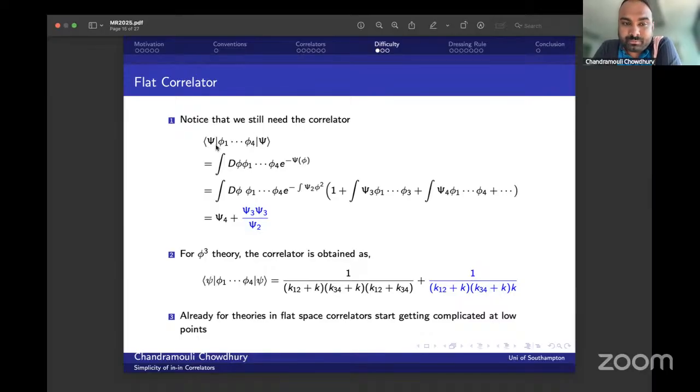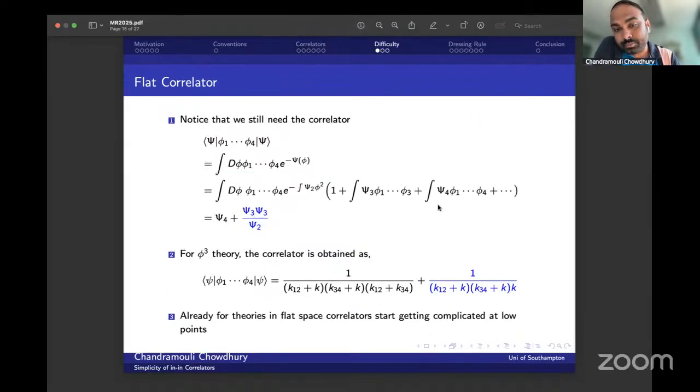So once you have the wave function, you can expand this guy perturbatively. So we had the expression for this wave function a few slides ago. And in this step, I'm just doing a perturbative expansion along with the insertions of fields which indicate the n-point correlator that I want to compute. So for instance, for the 4-point function, this thing would represent the 4-point wave function that I showed you in the previous slide, which was this guy.